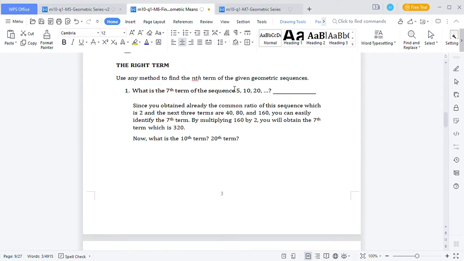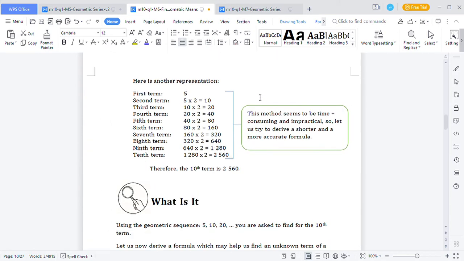If we were to find the 7th term of the sequence 5, 10, and 20, this method seems to be time-consuming and impractical. So we will have to create a formula from this example. The first term is 5, the second term is 10, the third term is 20, then 40, 80, 160, and so on.